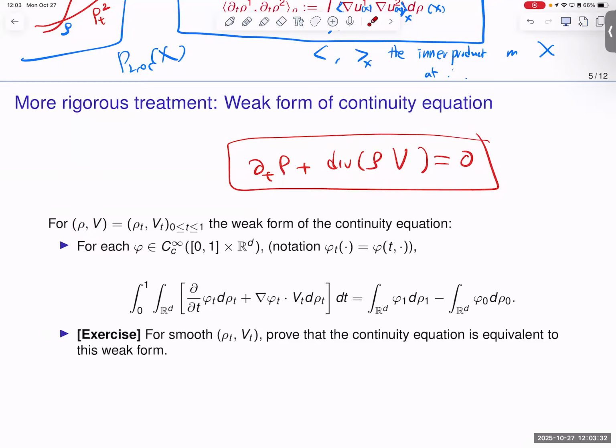In any PDE, weak form means you use smooth test functions. Here I use phi. These are just test functions, meaning smooth and compactly supported on your underlying domain. So we have this time and location.